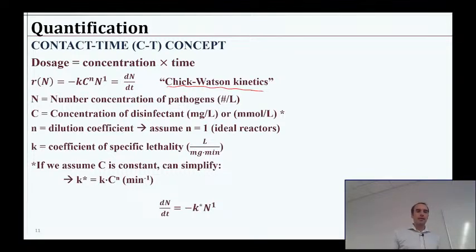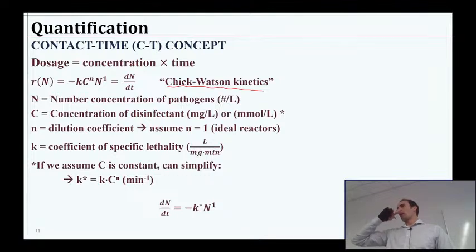That K here, this coefficient of specific lethality, it's going to have a little bit of interesting units because we've added that concentration term. So the units are going to be a little different. It should be per time if the only thing that we had here was the change in the number of pathogens.